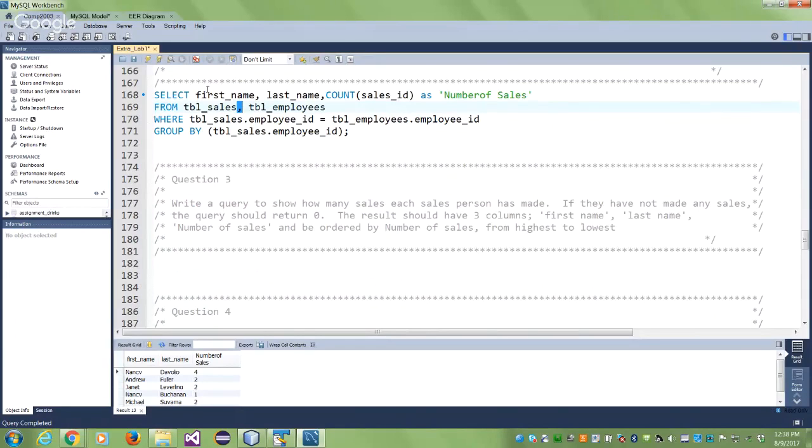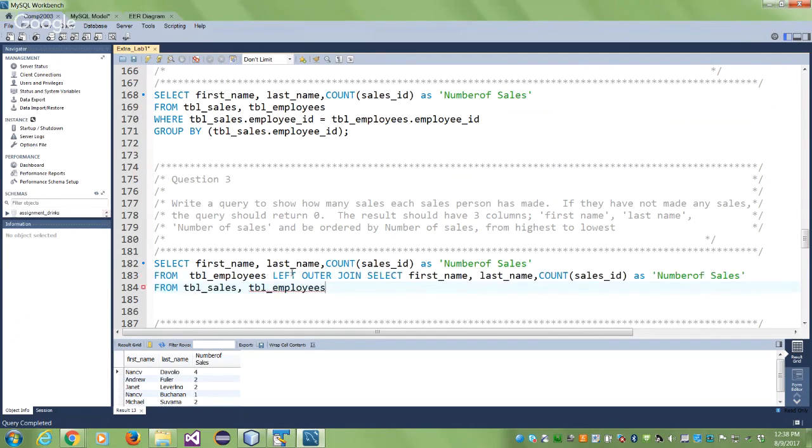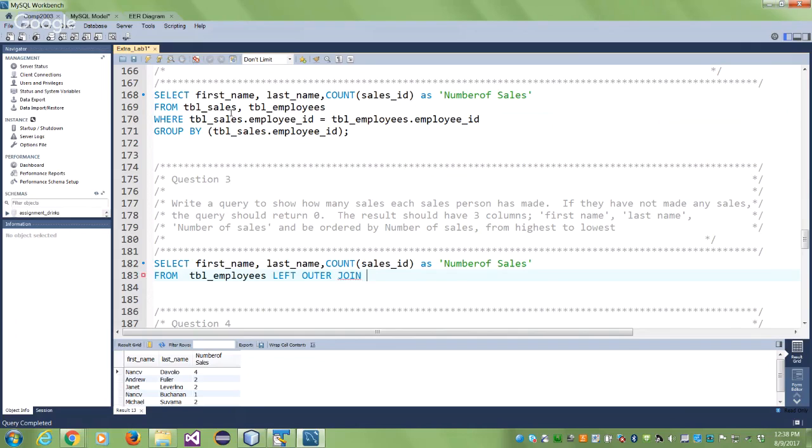So you'll have to do a left outer join here. Of what with what? The same things are being asked, so we can copy this, but definitely we want to make changes, or a right outer join, whatever it is. Now make a left outer join with table sales.